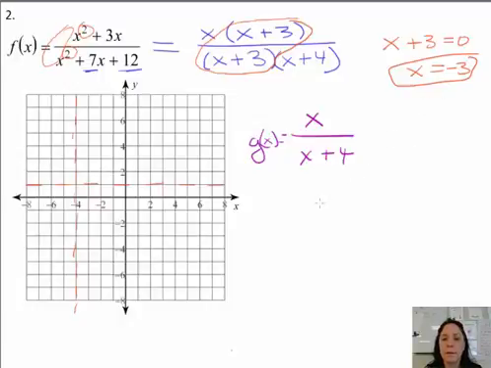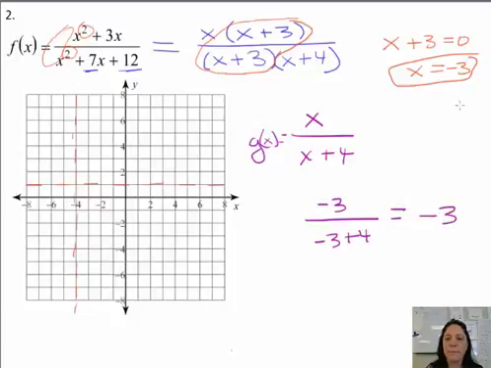I plug in that negative 3 for x. I have negative 3 over negative 3 plus 4, and that is equal to negative 3 over 1, or negative 3. So negative 3, negative 3, there's my hole.